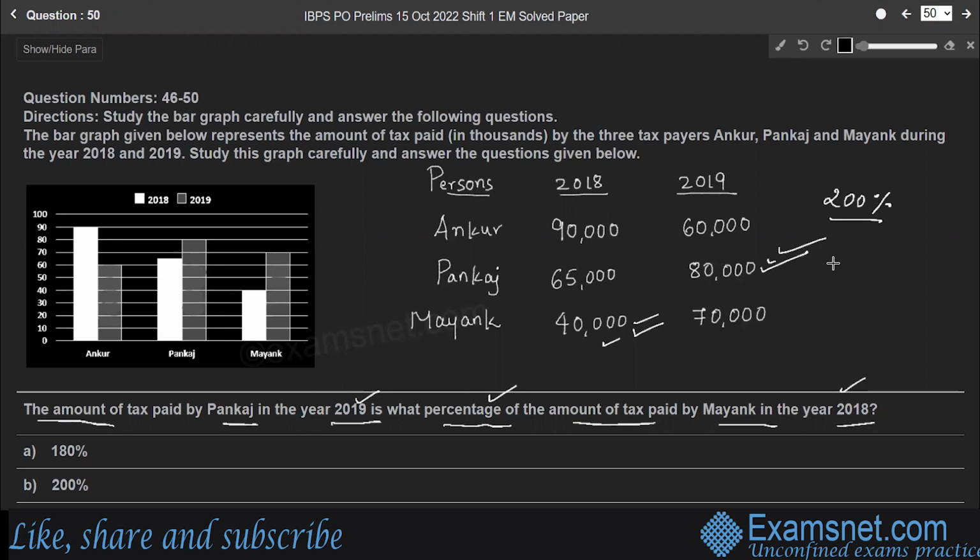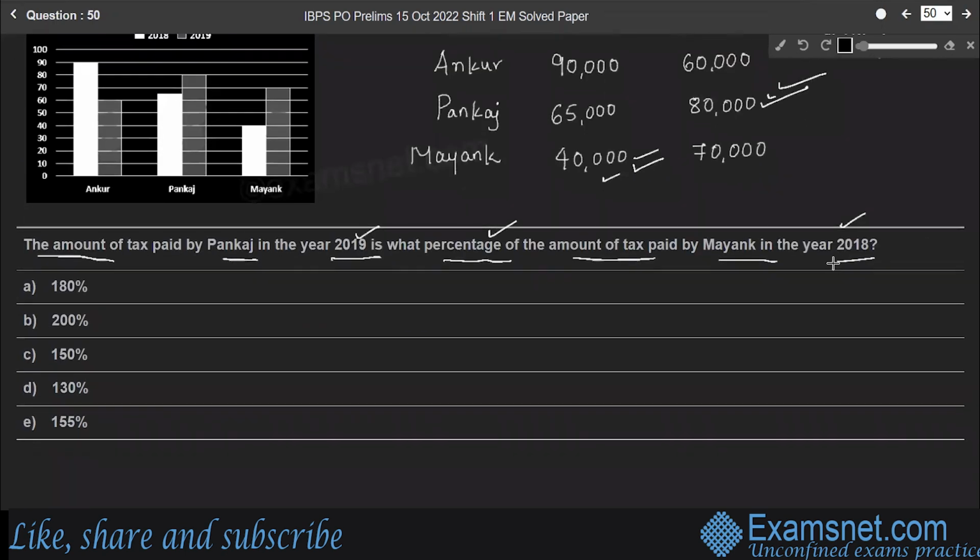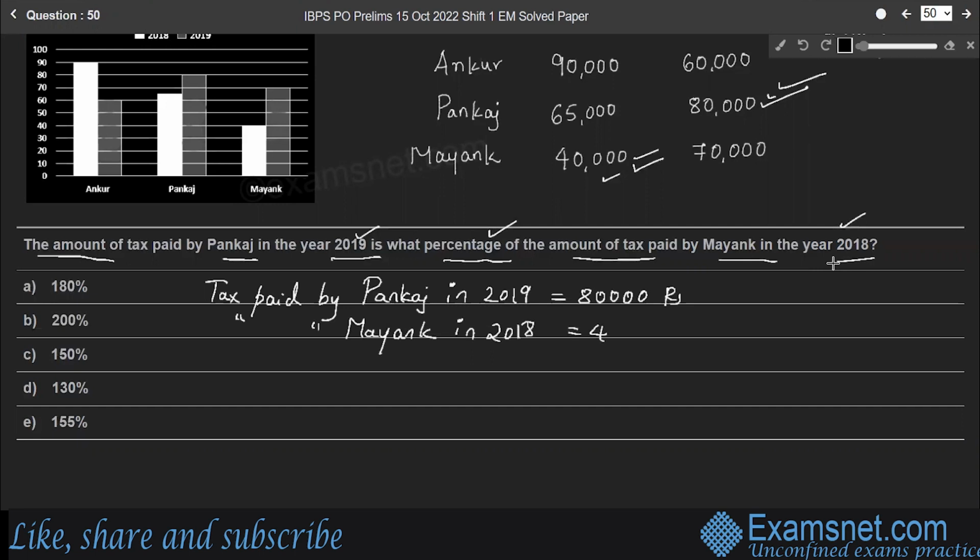Therefore, it is 200%. So let us write step by step. Tax paid by Pankaj in 2019 is 80,000 rupees, whereas tax paid by Mayank in 2018 is 40,000.